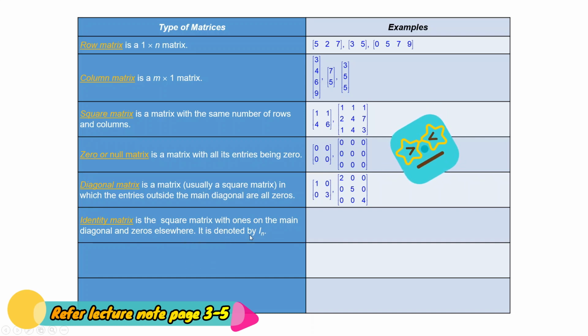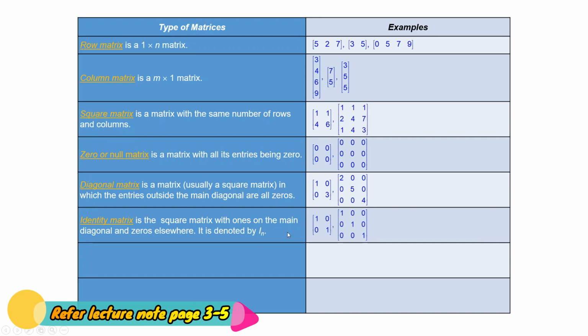And it is denoted by I subscript n. N refers to the row and column, because an identity matrix is a square matrix, so the rows and columns will be the same.